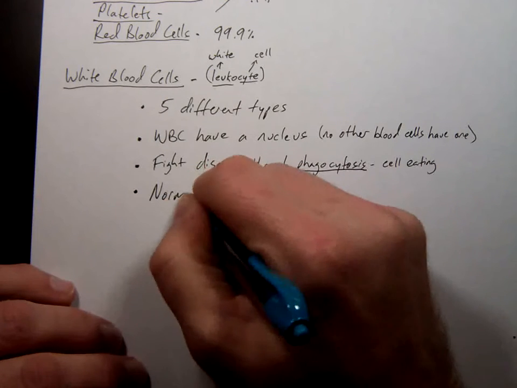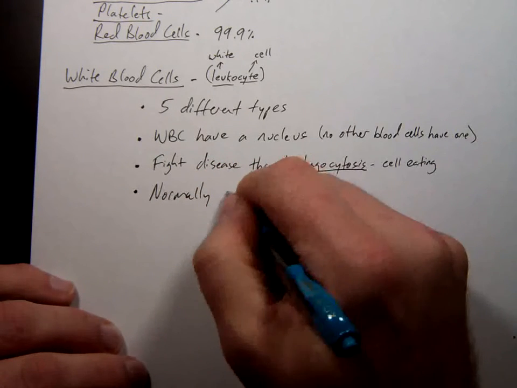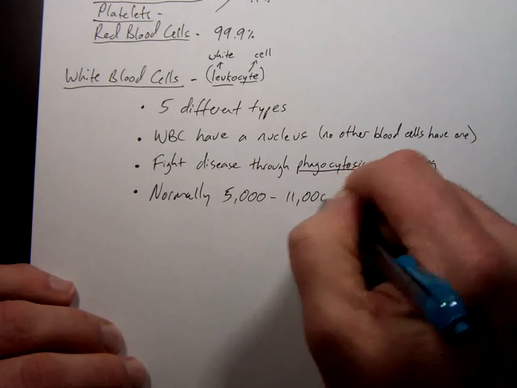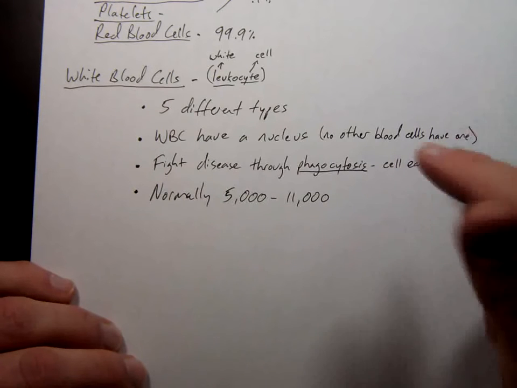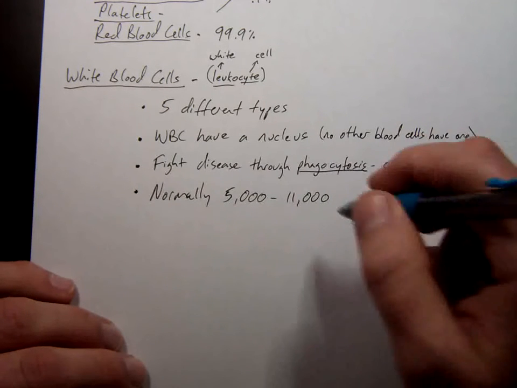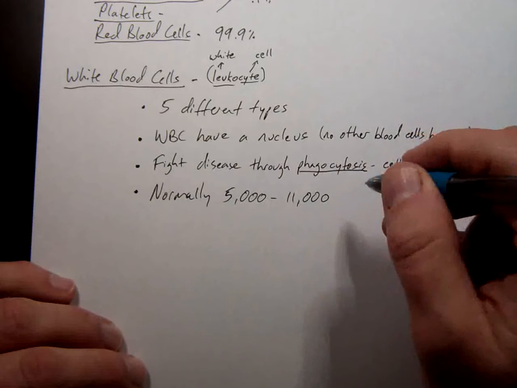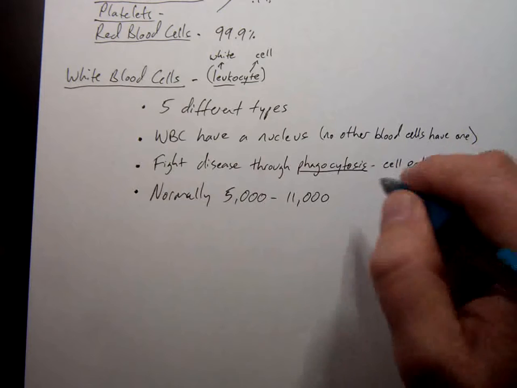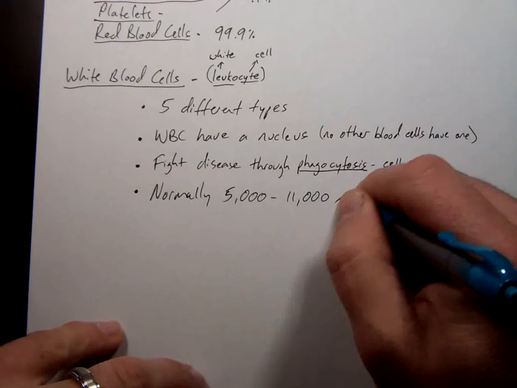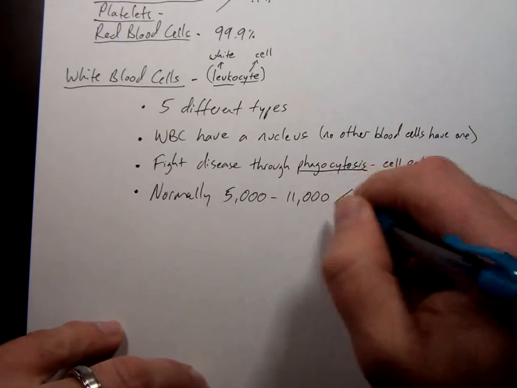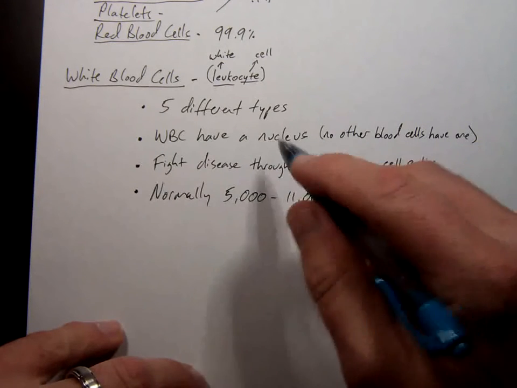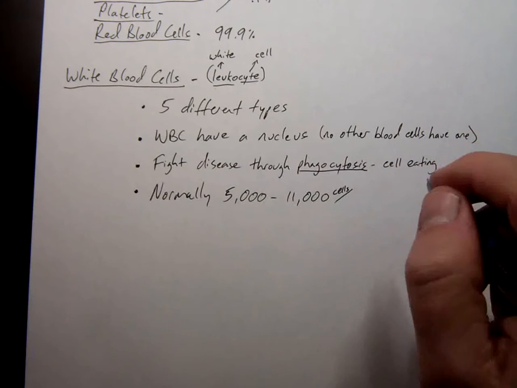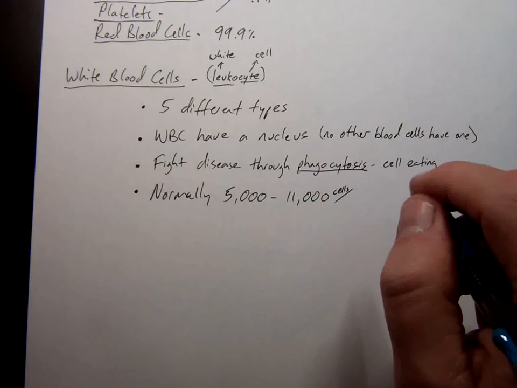Normally there are 5,000 to about 11,000. What's the unit here? Yeah, well, sort of. It's a smaller unit, but you get the right idea. Now, what are we talking about? Cells. Smaller than milliliters.